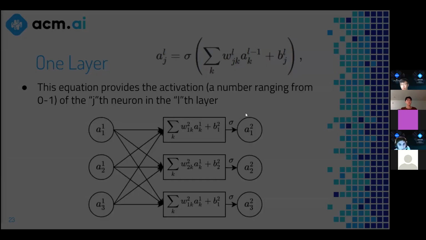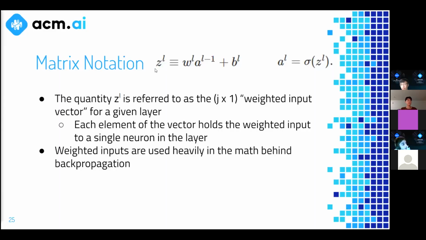So we're going to define this value ZL, which is the value you get before passing it through the sigmoid function. You might be asking, why is this necessary? You'll see it makes a lot of the math for the backpropagation part a lot easier to understand.